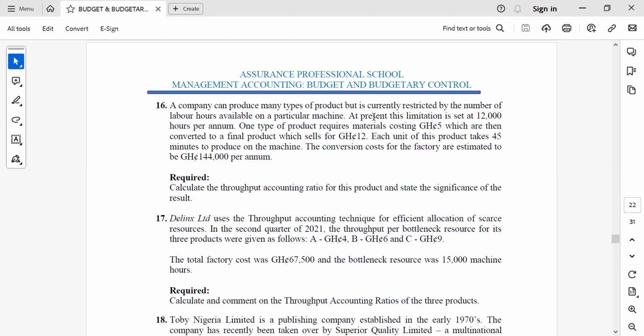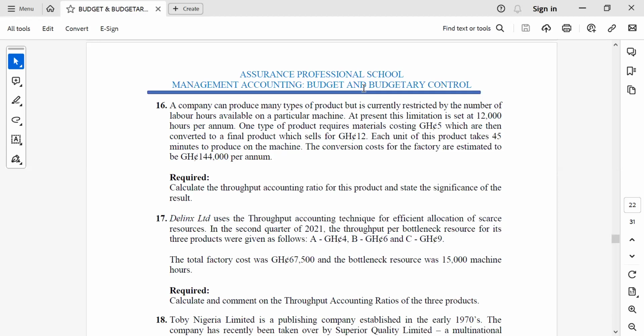The Links Limited uses Throughput Accounting Techniques for efficient allocation of scarce resources. In the second quarter of 2021, the throughput per bottleneck resource for its three products were given as follows: A, 4 Ghana cedis, B, 6 Ghana cedis, and C, 9 Ghana cedis.